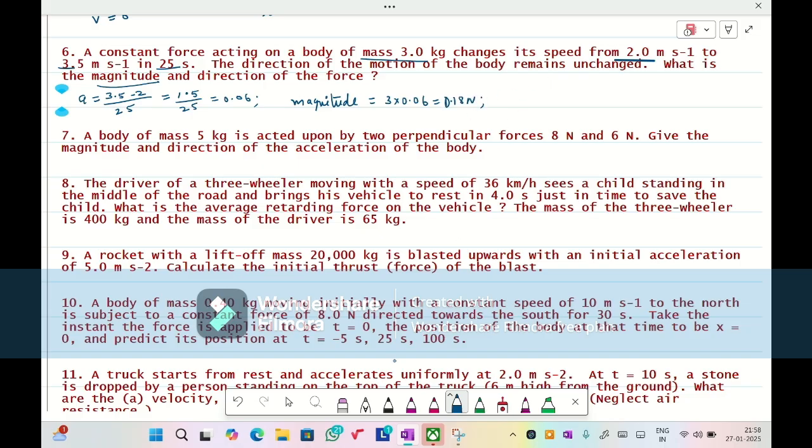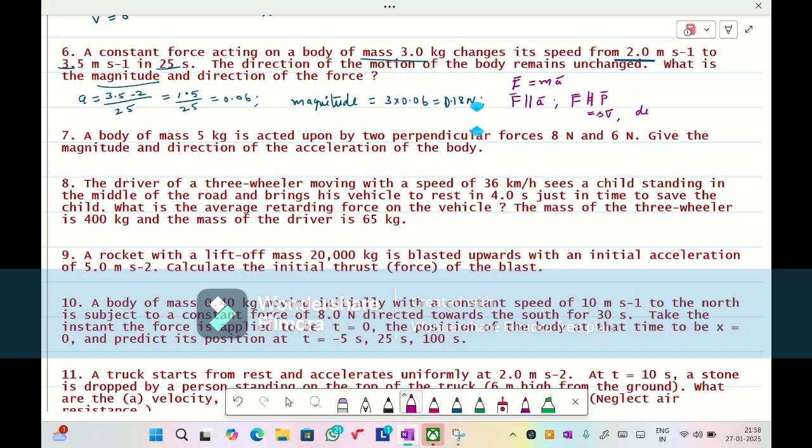And here is some concept I want to tell. The direction of the force is equal to the direction of M A vector. That means the force is parallel to acceleration. Similarly, the force is parallel to momentum, that means parallel to the change in velocity direction.